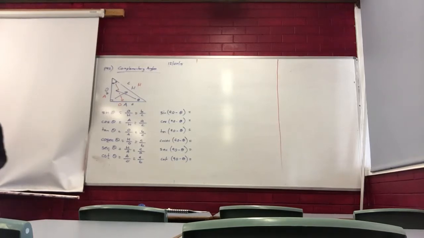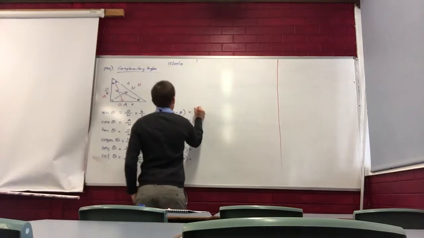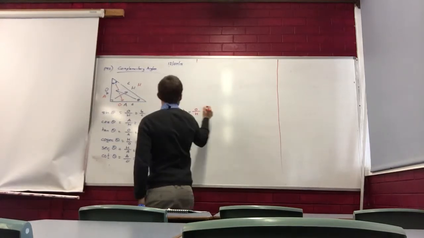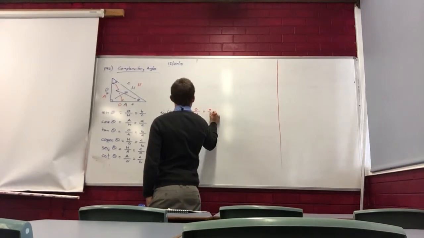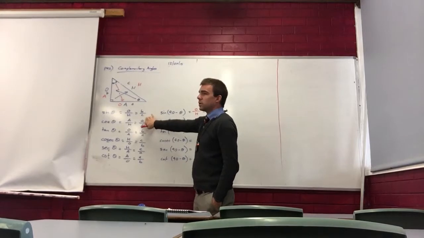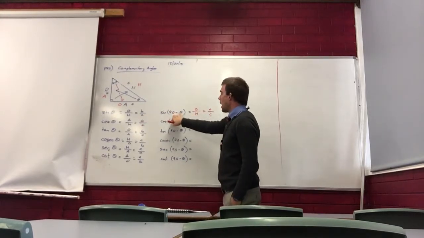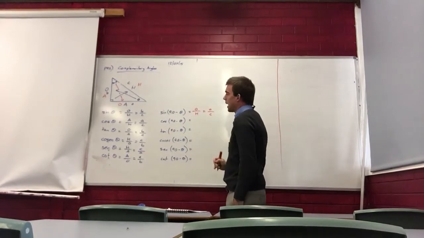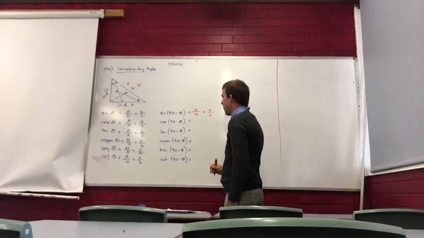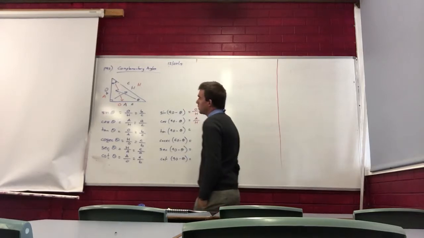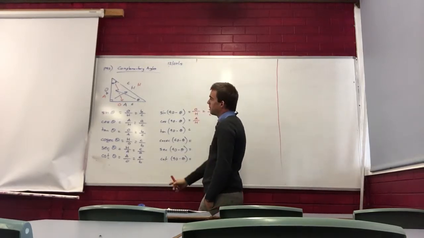So sine of 90 minus theta, same ratio, opposite over hypotenuse. Referring to the red, we've got A over C. We have a sine here which is B over C, and then we have the other angle in the triangle with an expression relating to that, which is now A over C. Because 90 minus theta is the adjacent side over the hypotenuse.